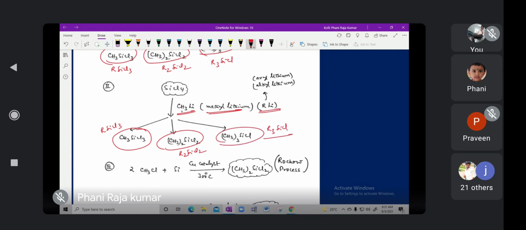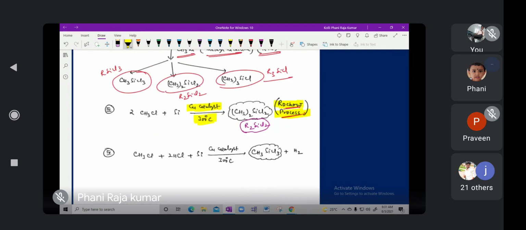And one more method, a specific method called the Rochow process. In this Rochow process, we prepare R2SiCl2, only this type of organosilicon halide, by the reaction of 2 moles of methyl chloride with silicon using a copper catalyst at 300 degrees centigrade.